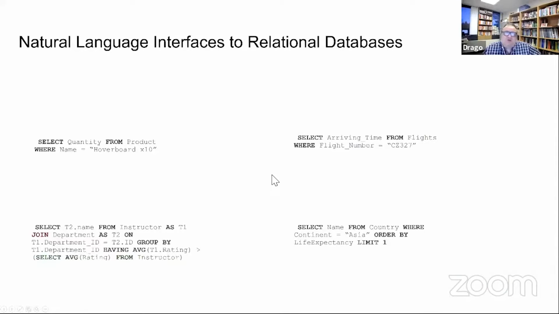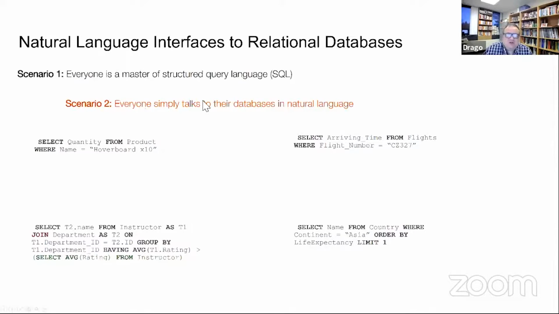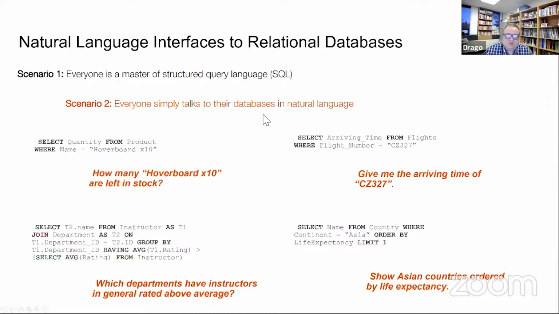So very quickly, what is a natural language interface to a relational database? What you see here are SQL statements that give you answers for many different questions. Of course, we don't expect our users to understand SQL to be able to ask questions like this. So instead, what we want to do is to make sure that everybody should be able to talk to the database in their natural language. So instead of giving the SQL query, they should be able to say, how many units of this particular item are available in stock.